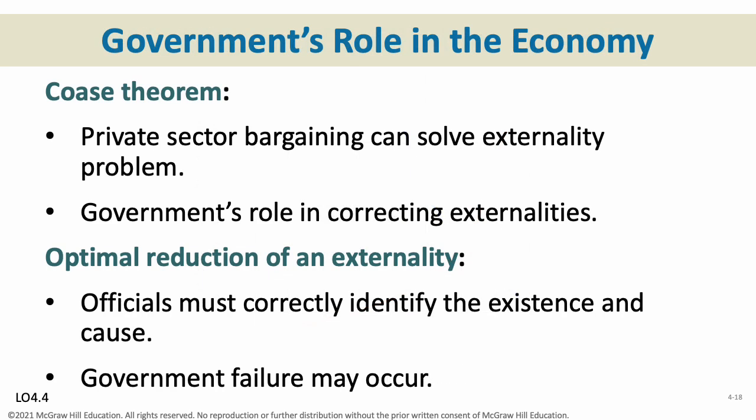Moving to slide 18, let's take a look at the government's role in the economy. And a definition to remember, you're certainly going to see a test question or two on it, is what is known as Coase's theorem. Coase's theorem is that the private sector, or companies themselves, can solve externalities. And for the most part, Coase's theorem holds true. Most externalities are fixed by companies themselves.